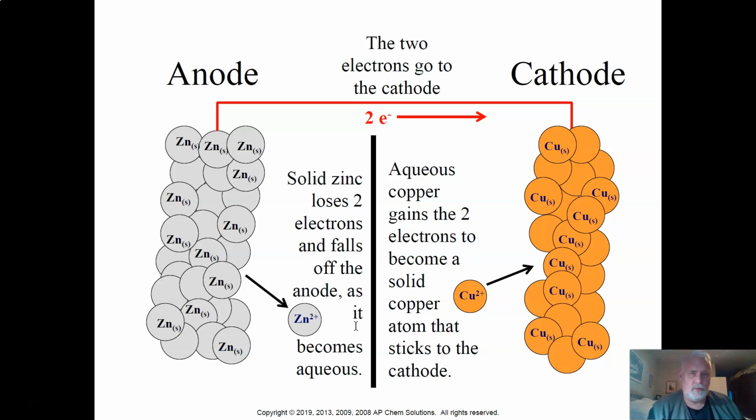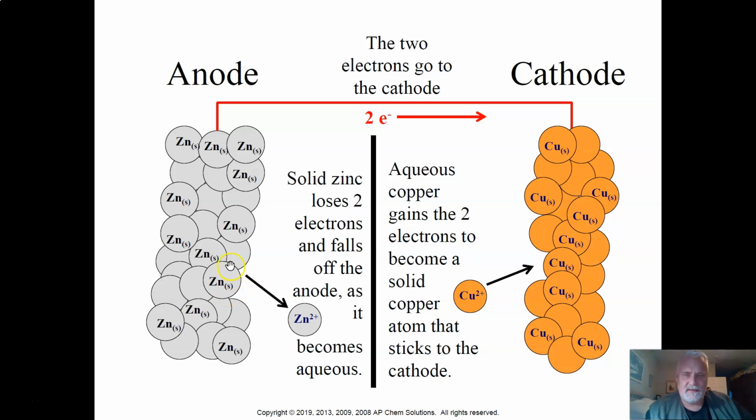Okay, so this is kind of a cool diagram that shows you what's happening with the individual, as if they were like a little cluster of atoms, which is what they are. The zinc is getting smaller. We have these old pieces of zinc that we used in batteries that have holes in them, because over time the zinc just leaves.